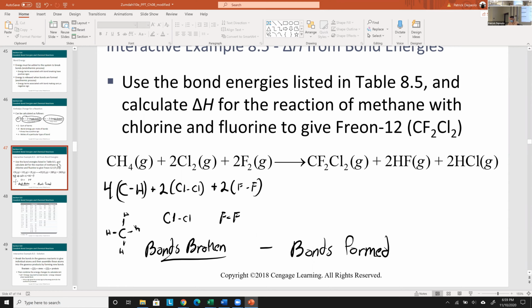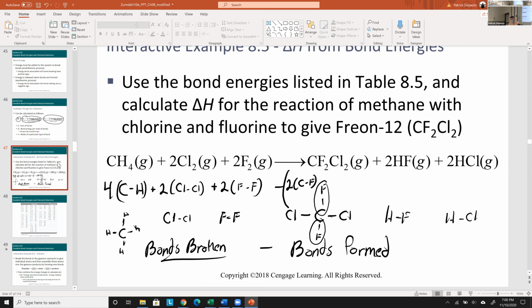So in this case, CF2Cl2 looks very similar to CH4. Carbon's always in the middle. That's a thing to know. Carbon's always in the middle. And then it would look like this. For HF, it would just look like this. And for HCl, it would look like this. So now we're going to subtract the bonds formed. The bonds formed for the CF2Cl2 would be 1 CF, 2 CF, so we're going to put 2 times CF.